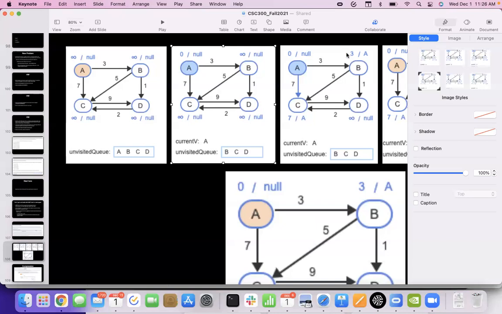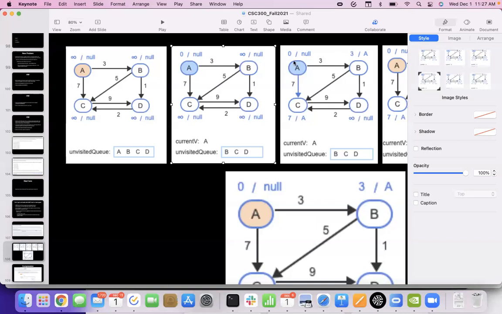So notice here that we've replaced that distance here with a 3. The distance from A to B is no longer infinity. We can get to this destination B from our starting location by traveling 3 miles. We just want to use that in our example here.